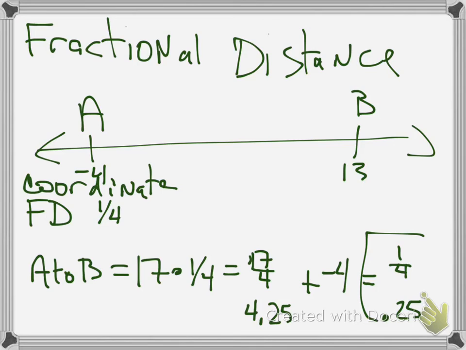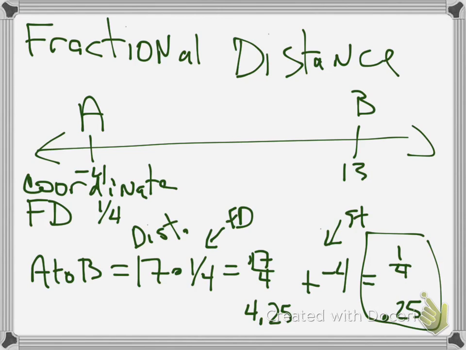Either answer I would accept, but that's all you got to do. You find the distance, multiply by the fractional distance, add the original point, or the starting point, and you'll have your answer.